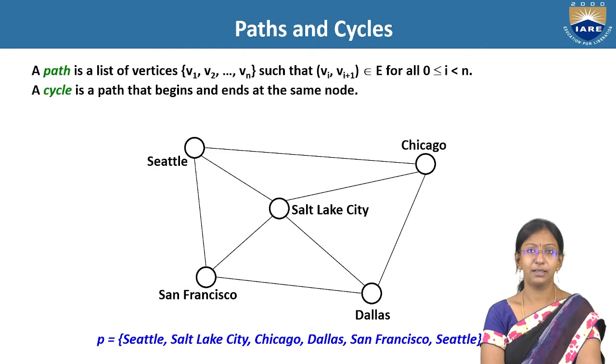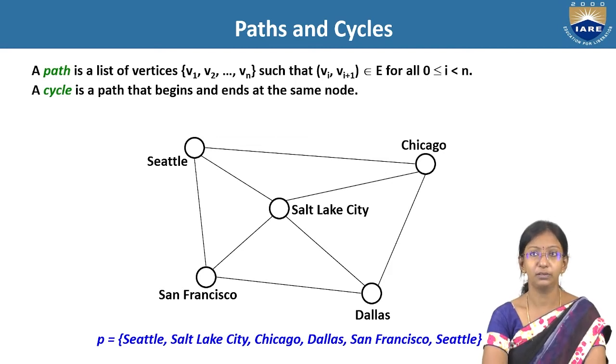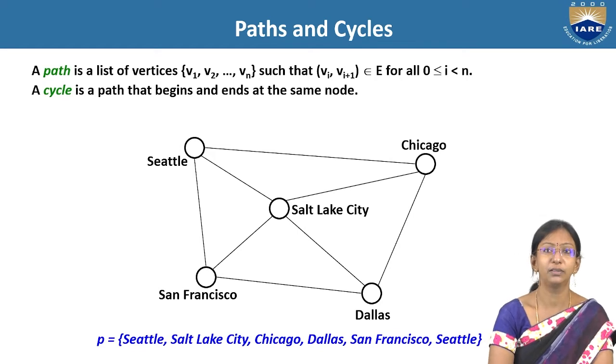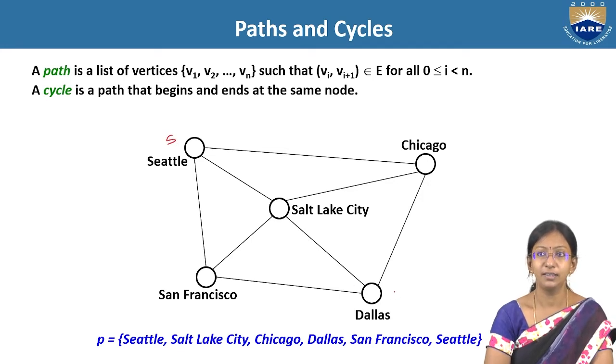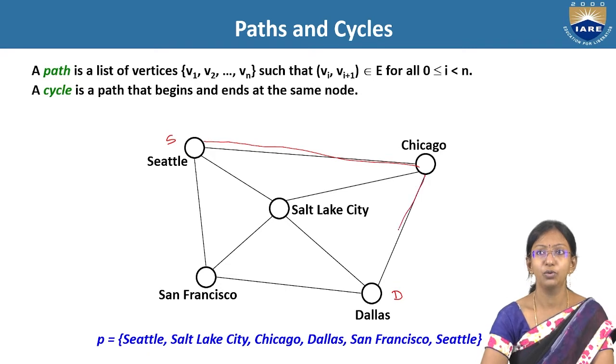Paths and cycles. So what is a path? A path is nothing but the collection of vertices which come between two vertices, like source and destination. For example, your path is between Seattle and Dallas. If Seattle is the source and Dallas is the destination, what is the path? The path can be from Seattle to Chicago, from Chicago to Dallas.